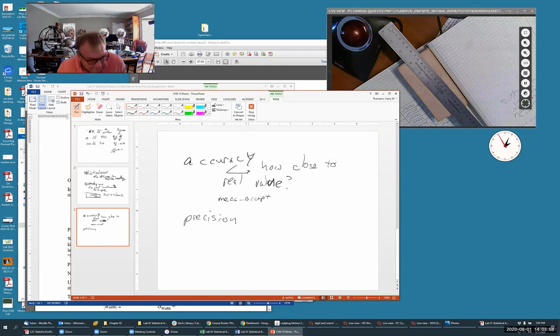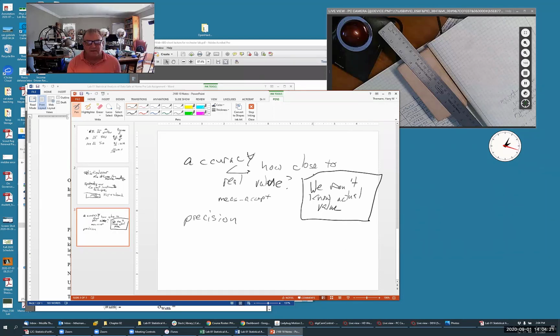In general, we don't know the actual value. And this is why scientists and engineers, to some degree, spend a lot of time on error analysis and describing it when they do it.